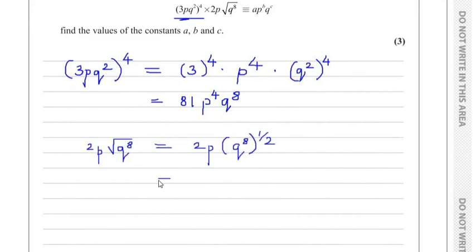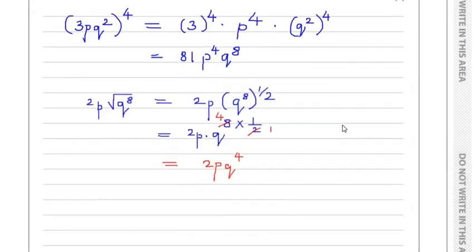So 2p remains the same and again the powers of q will get multiplied. So 8 times half, as you can see, 2 cancels 8 and we are left with 2p q⁴.